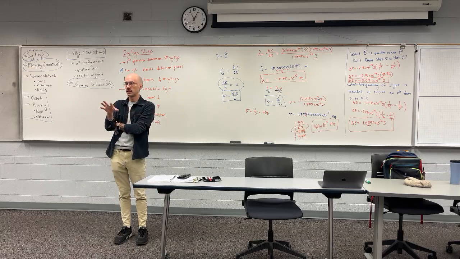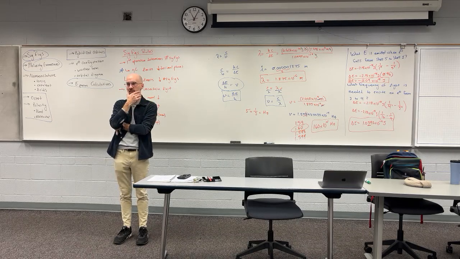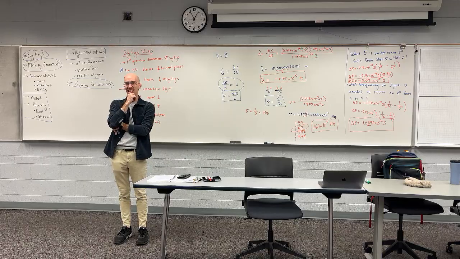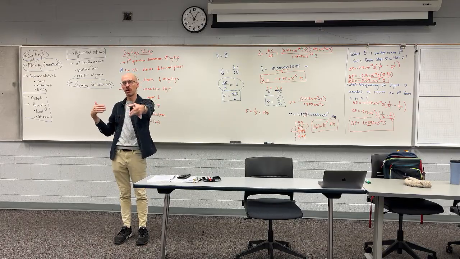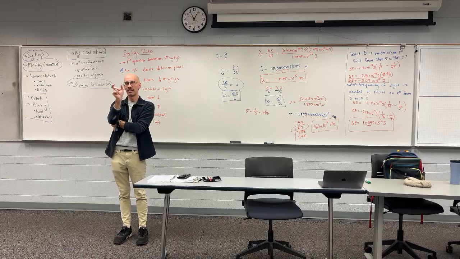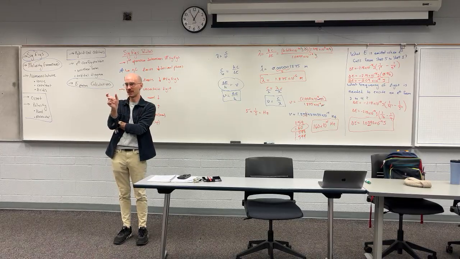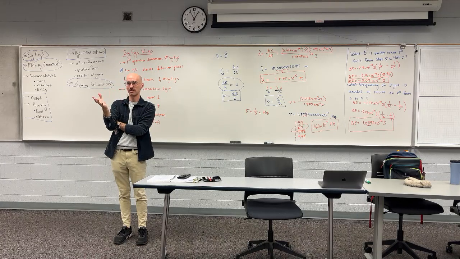So it's in the range of, it's not radio waves, but it's not X-rays. It's actually in the microwaves, but microwaves are actually a bit longer than this. Microwaves are usually in the hundreds of micrometers. Anyways. All right. How do we feel on these calculations?